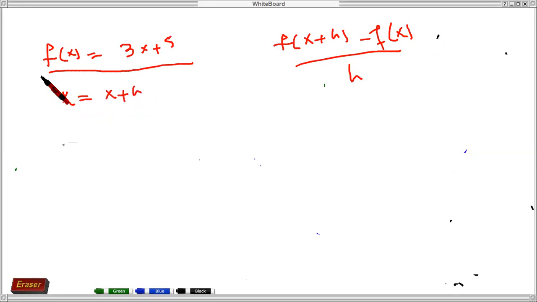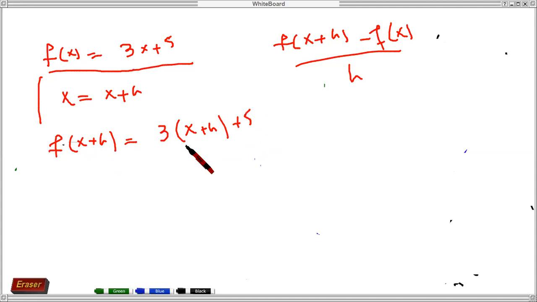So we can write this given function f of x plus h: you need to replace x with x plus h. So we have 3 times x plus h, plus 5. This means that 3x plus 3h plus 5.